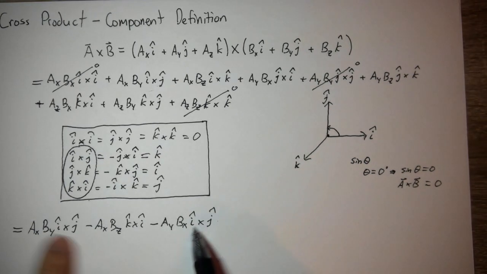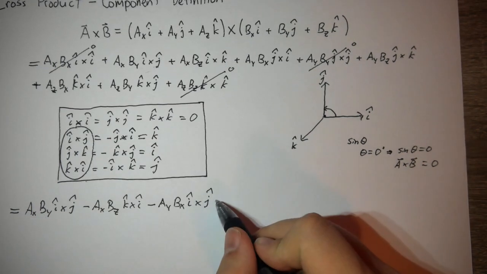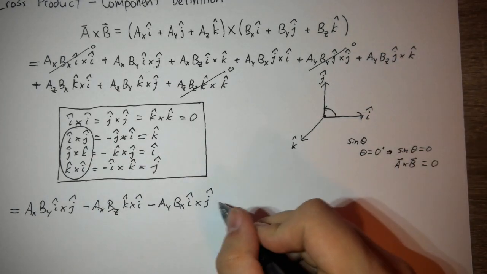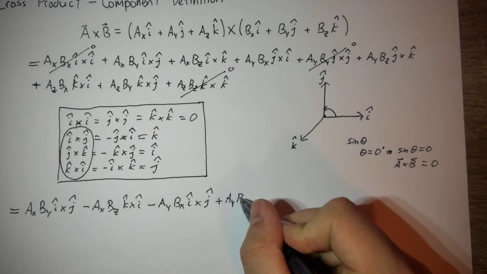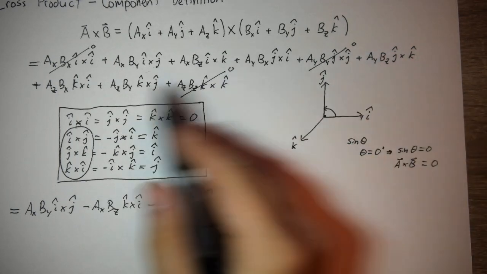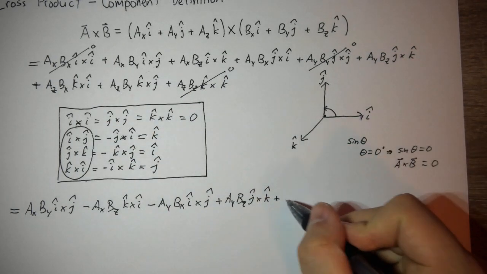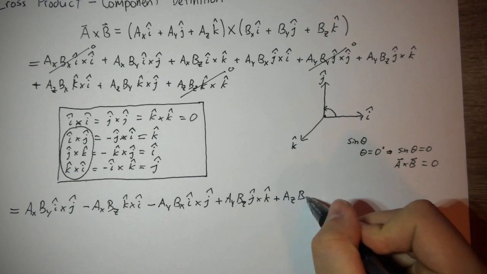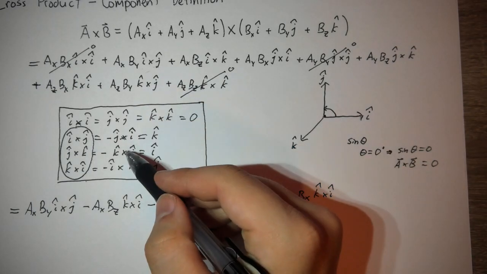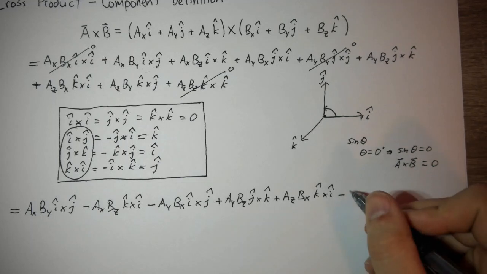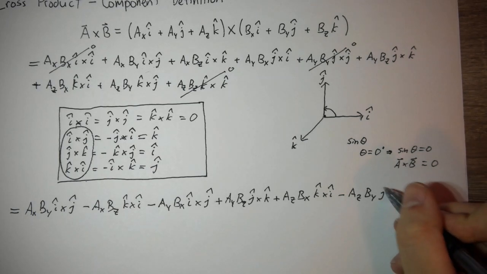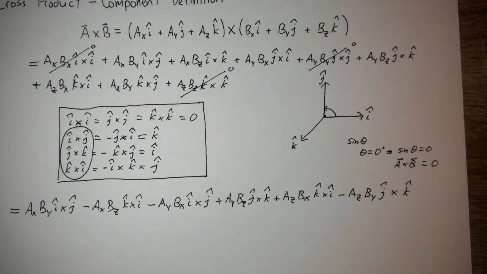So now we have two of the same terms here. Then this term is 0, so j cross k is on the left, so that stays the same. K cross i is the same. K cross j is on this side, so we flip it, change the sign. And then that's j cross k.